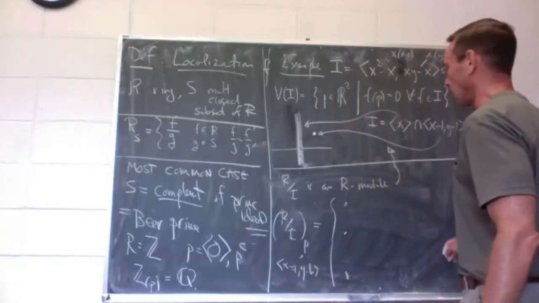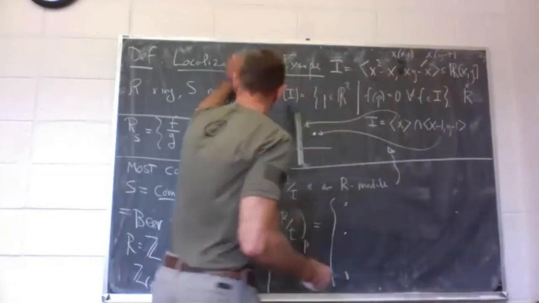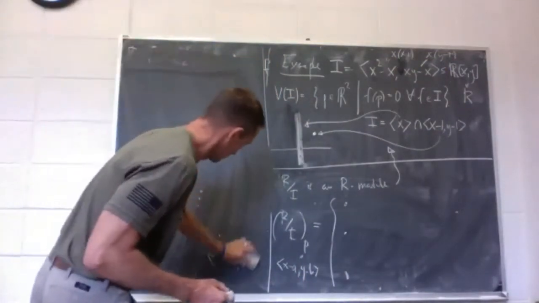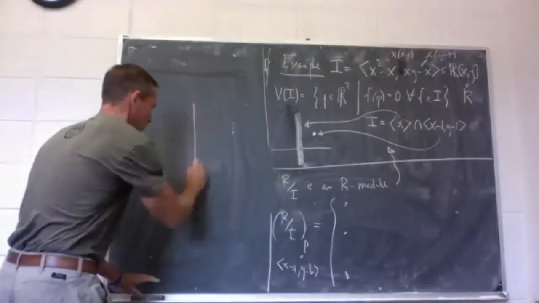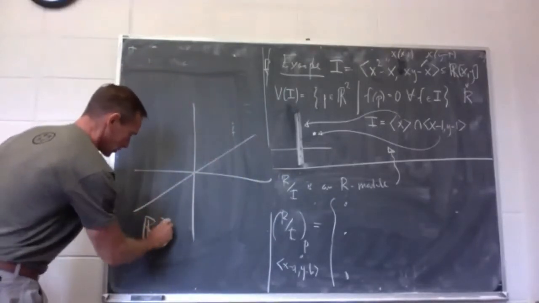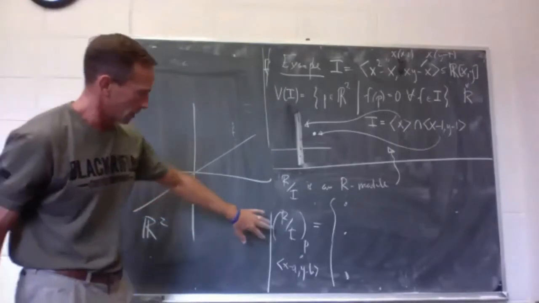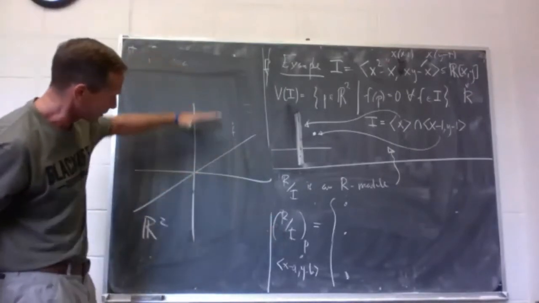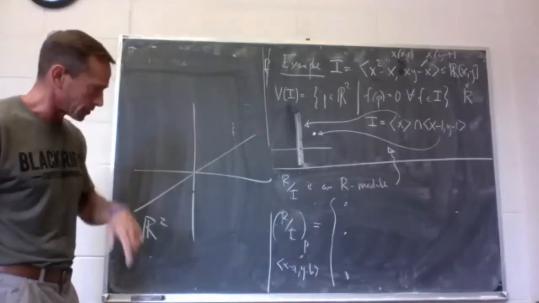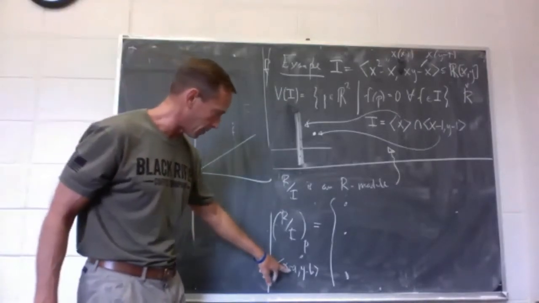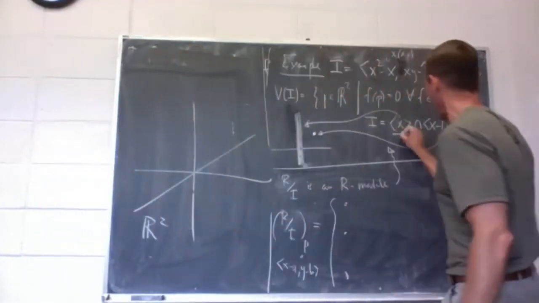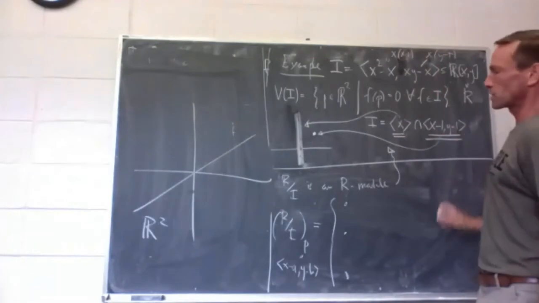So as a picture, here's our picture. So this is R2 down here. I want to draw R2 here. And now I want to visualize this sheaf as being something that lives over the various points of R2. So let's see what happens first if we localize at a point (a, b) which is not one of our associated primes. Remember, the associated primes were (x) and (x minus 1, y minus 1).